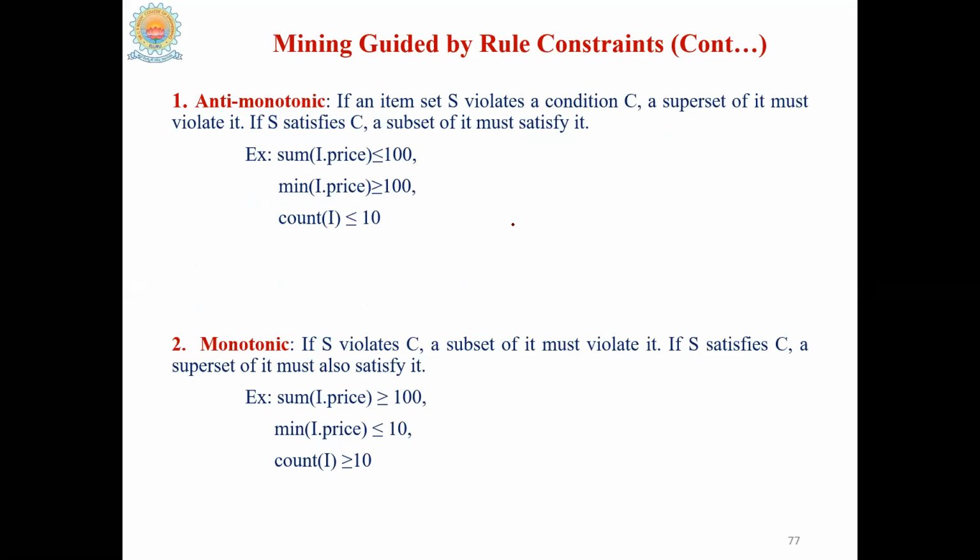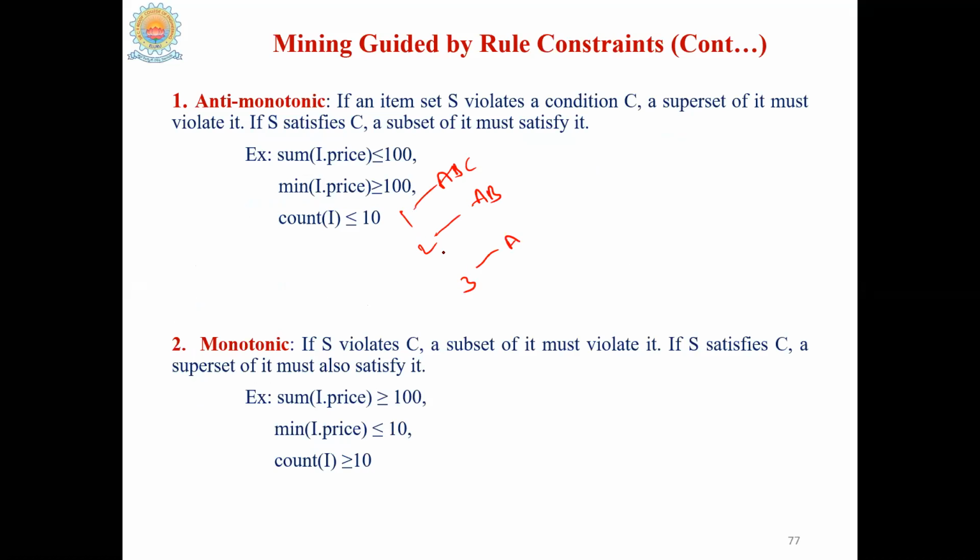Suppose here is an item set AB, and its superset is ABC and its subset is A. That means we have considered that we are having three levels.